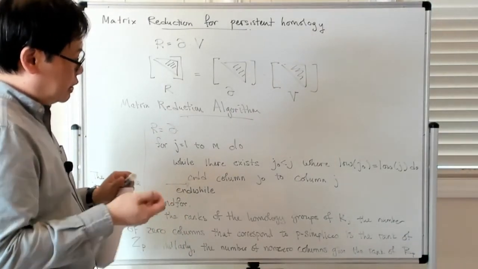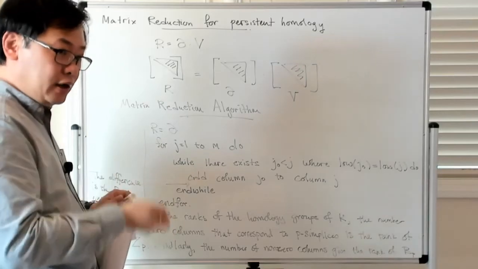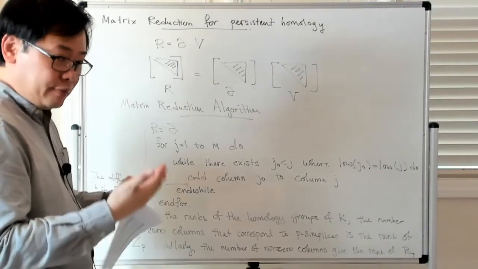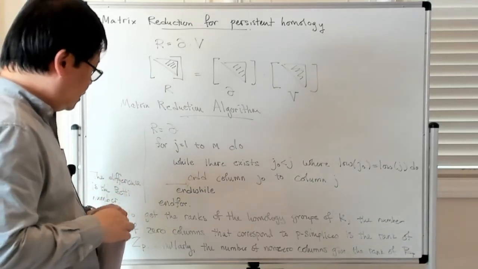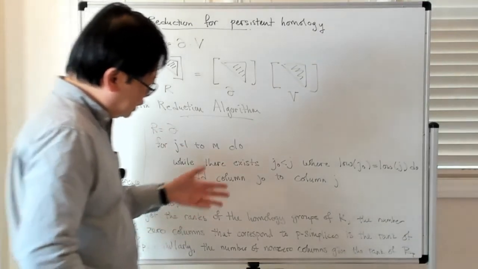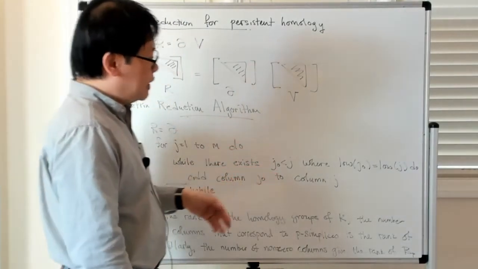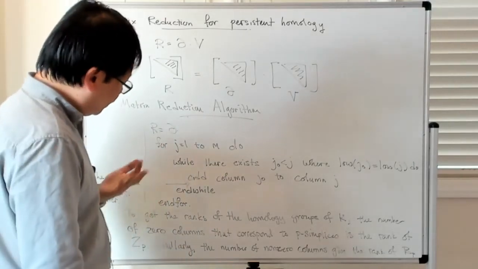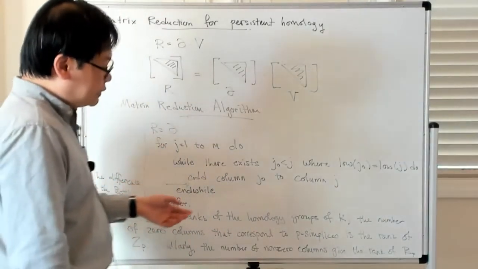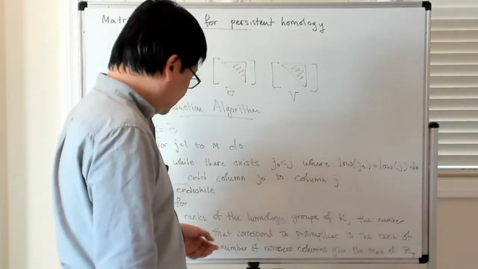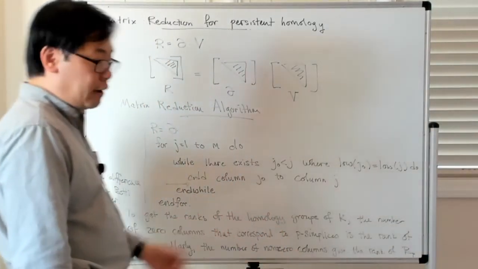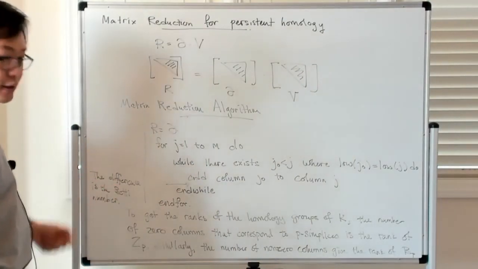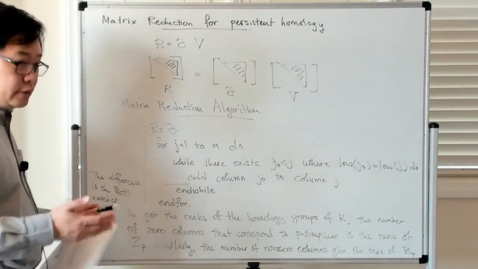So you can still think of each of these columns as corresponding to chains of a particular well-defined dimension. Even though you're doing all these operations at once, it respects this ordering by dimension, and so you can extract the relevant ranks of the cycle and boundary groups from this single reduction process, and then of course the difference is the Betti number. Okay, so let me just stop here for now.